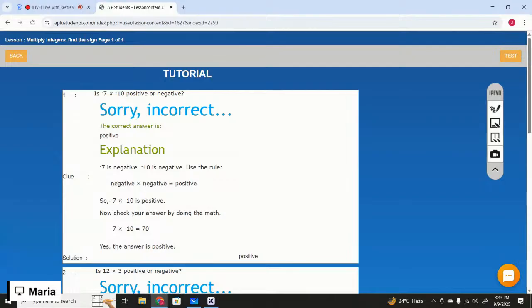And if both the numbers have the same sign, the answer is positive. Let's just start with the test questions.